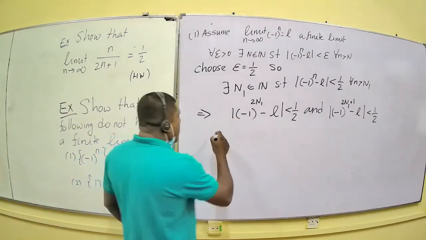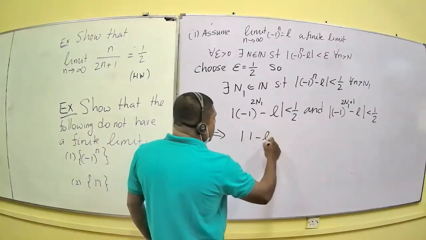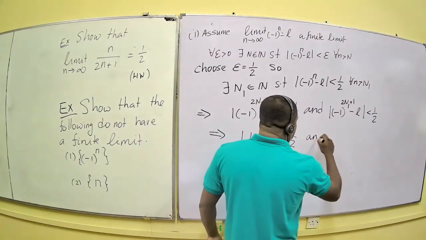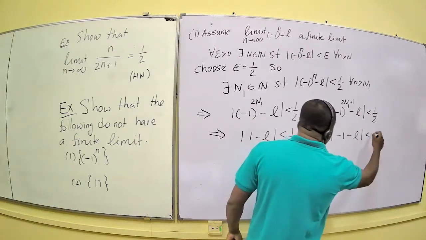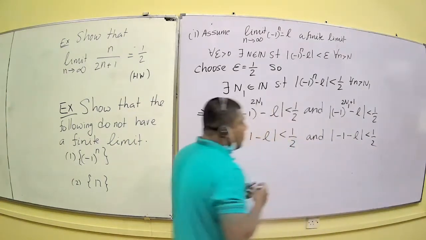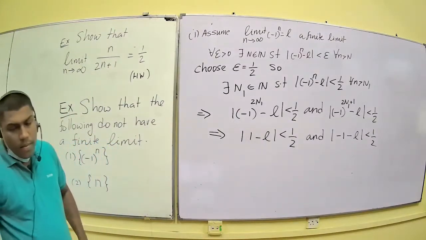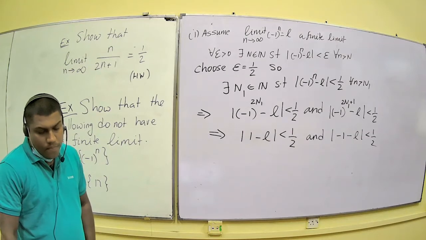The even one gives |1 - L| less than half, and the odd one gives |-1 - L| less than half.